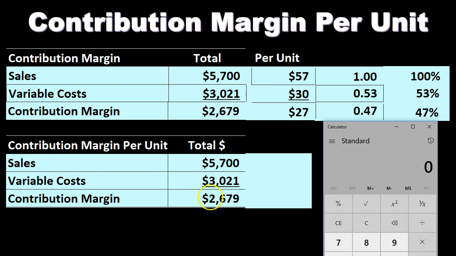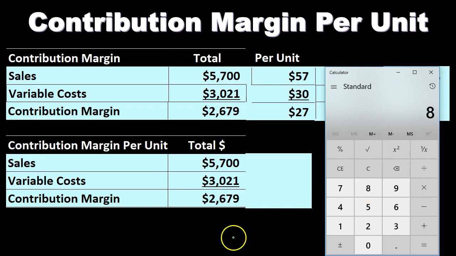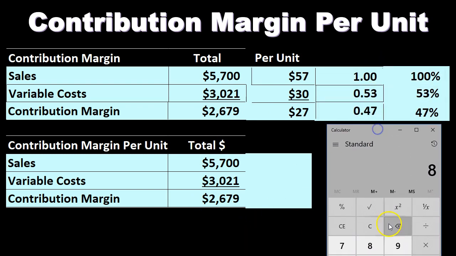So if we have our contribution margin here in total dollar numbers, we can take the 2679 divided by the sales 5700, which is going to give us the same number, of course, as the 27 over the 57, rounded. And so we get the 47.